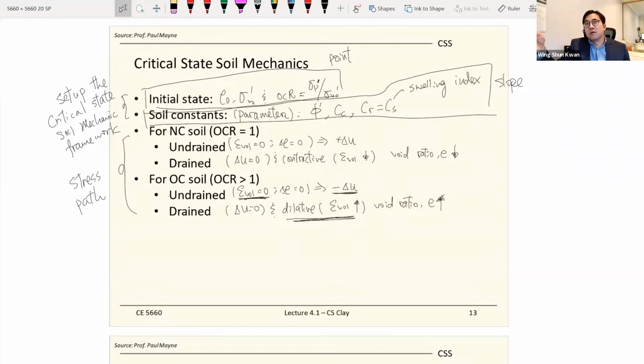Of course, whatever we learn here, critical state mechanics, is pretty much just the first page out of a 1,000-page book. You need to go deep, maybe even get a specialized PhD in numerical modeling in order for you to go that far. But that's the ultimate goal. Try to model the whole ground behavior.